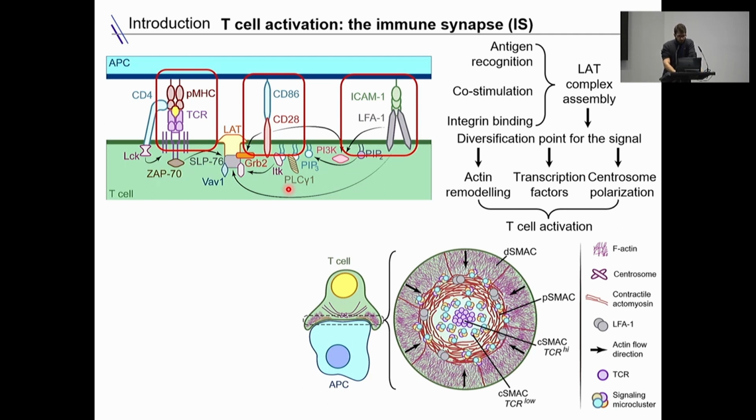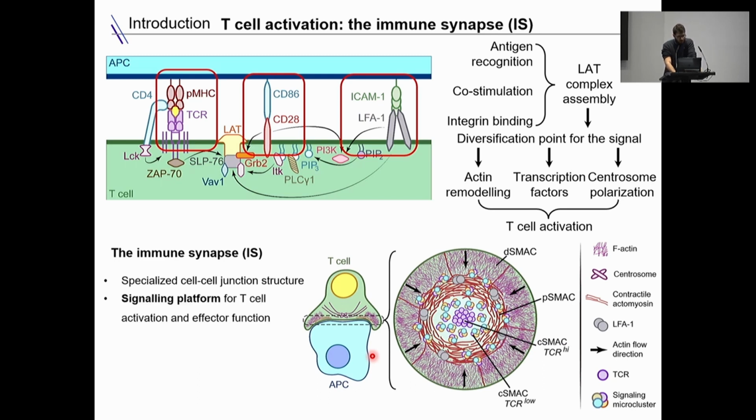This interaction between the T cell and the antigen-presenting cell conforms a structure called the immune synapse, which is a cell structure that allows platform signaling for T cell activation and effector function.